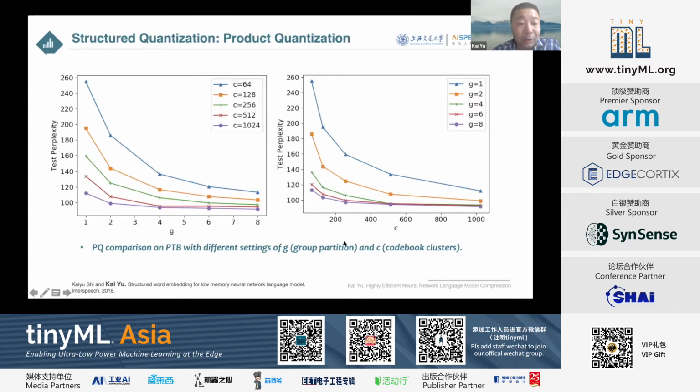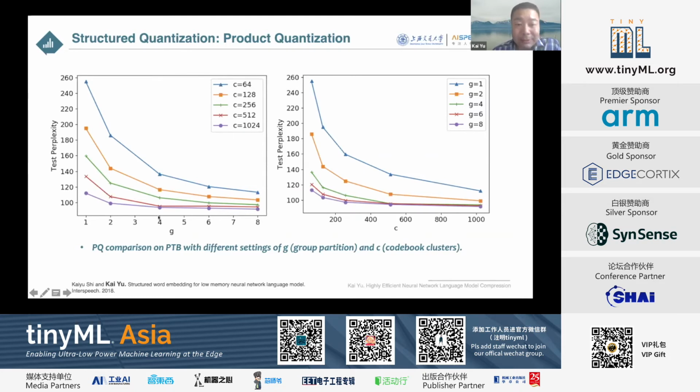This is another comparison from a different angle. In the left figure, with a fixed group size, for example, 4, if we have 100 codebook entries, we can almost represent all possible words without losing any performance, because the y-axis is the perplexity. Basically, it's the prediction error.